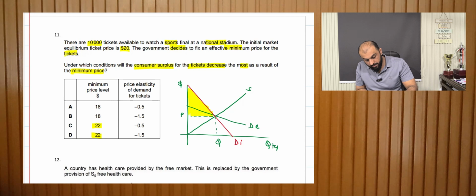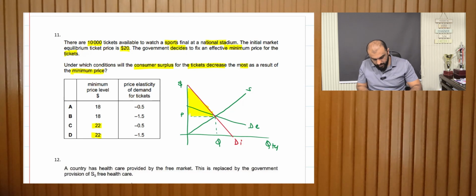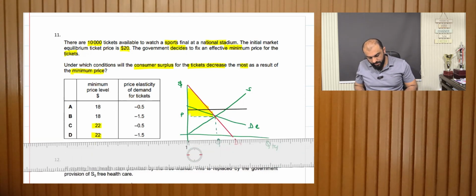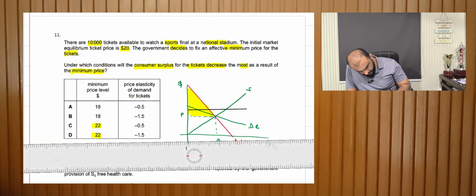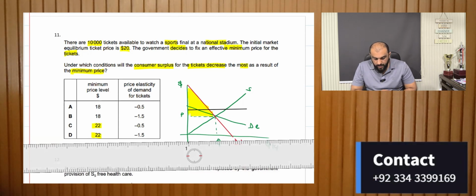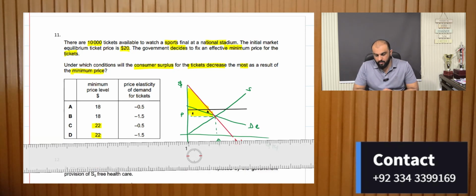So what do you mean by this? Let me just give you an example. I will make a minimum price to show you, right? So now let's say that this is the minimum price, right? If this is the minimum price, let me just label the areas: this is area 1 and this area is 2, right? So for the elastic demand curve, we lost a consumer surplus equal to the area 1.